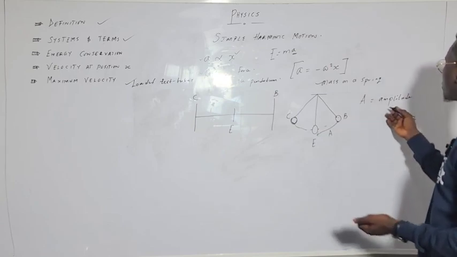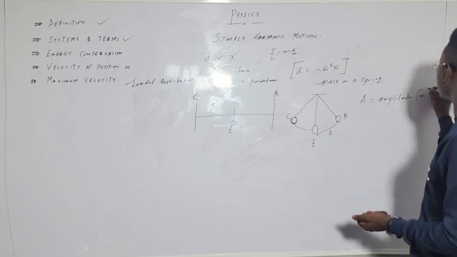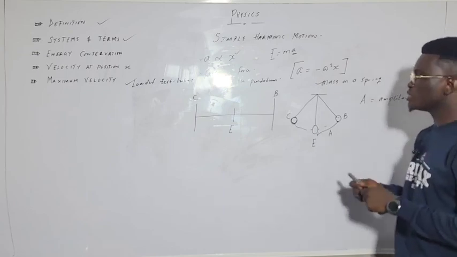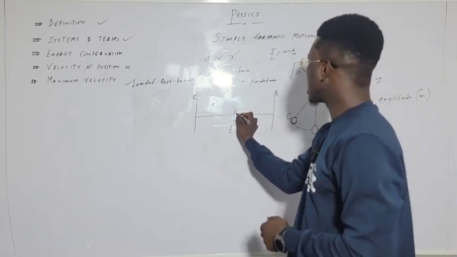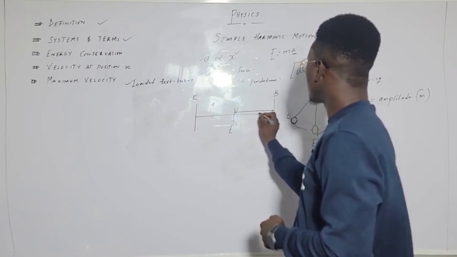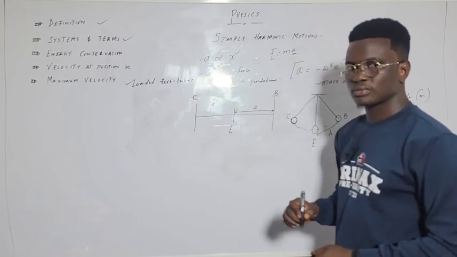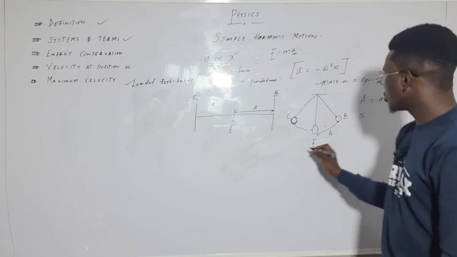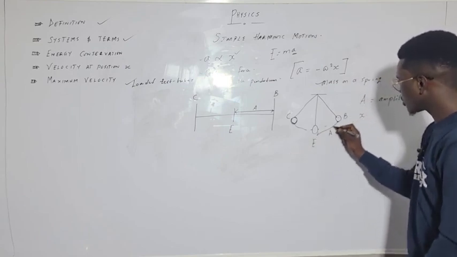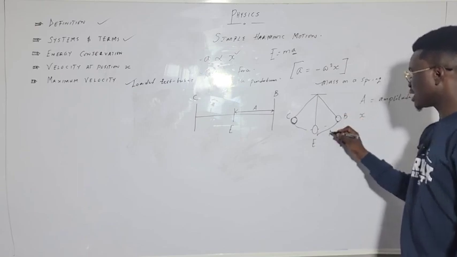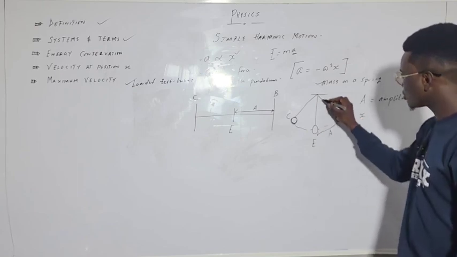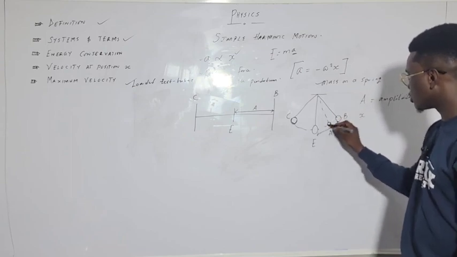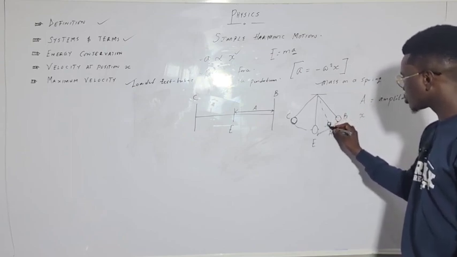The unit of amplitude is the meter, definitely, since it represents distance. So if I go back to my straight line, from here to here represents my amplitude. Is that taken? There's another position, X. Any position between the equilibrium position and B represents my X. So let's say I pull the body to this position, and at a point it will get to this position.